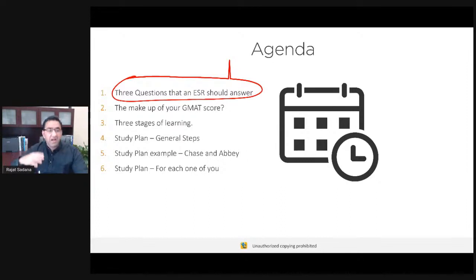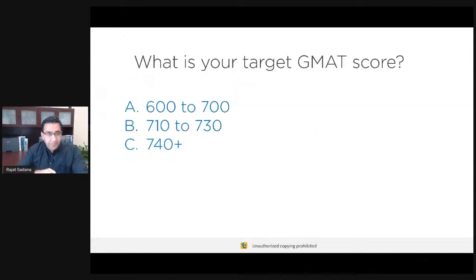Just because that very foundation would help us create a personalized study plan. And then we're going to take a case study and an example of Chase and Abby to really see how you build that personalized study plan, and how, once you have that study plan, you focus on learning.